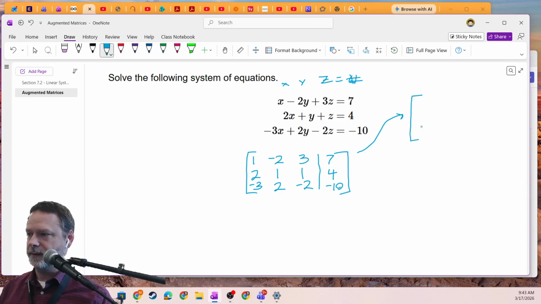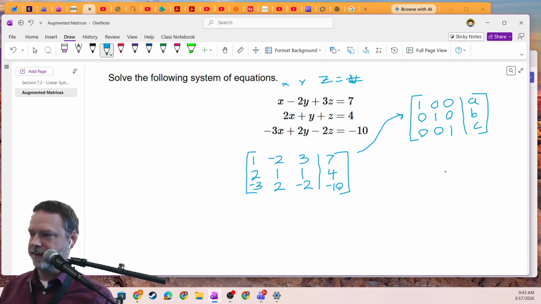This is always the goal. 1, 0, 0, 0, 1, 0, 0, 0, 1, and then our, let's say, A, B, and C. Then I have x equals A, y equals B, z equals C. That's what I want to do, eventually.